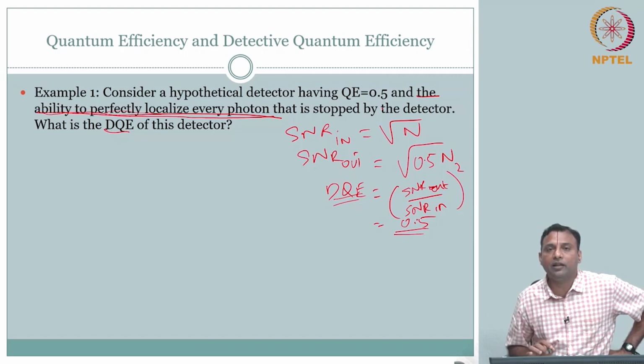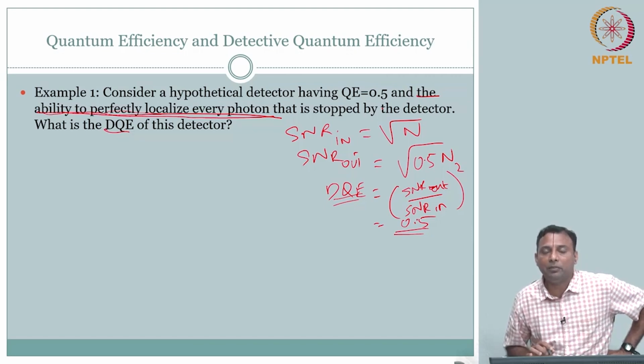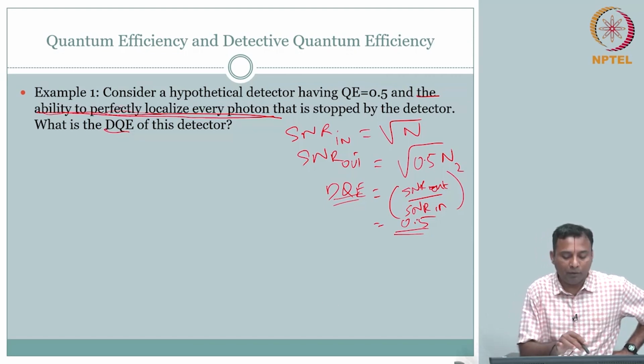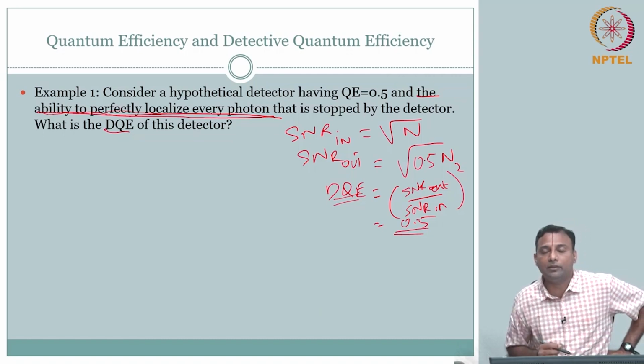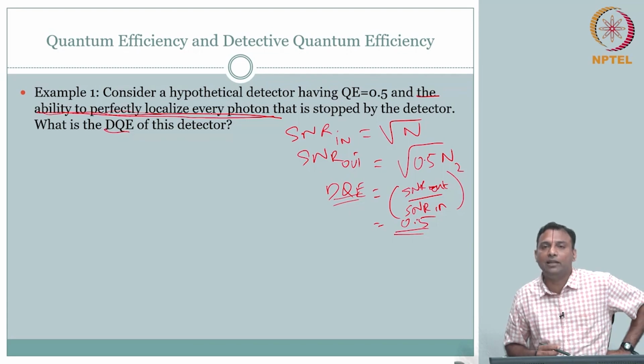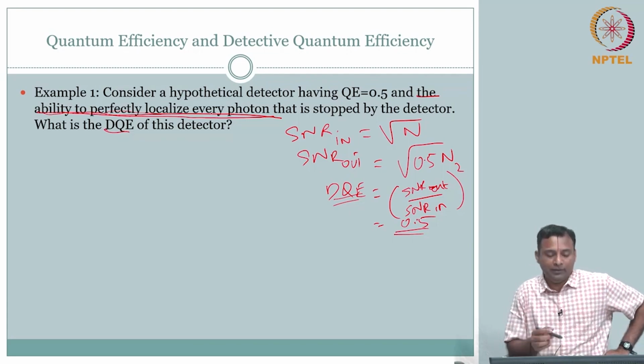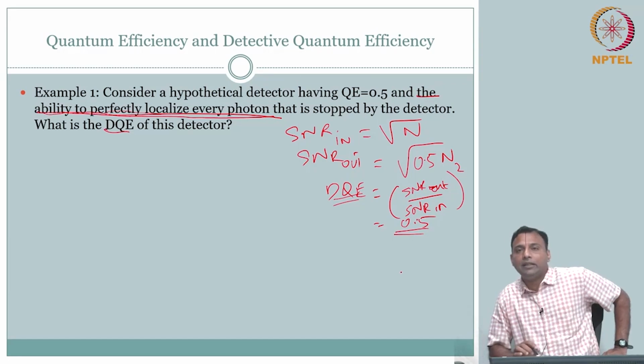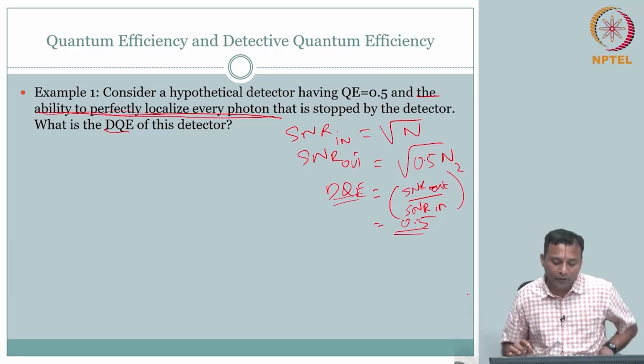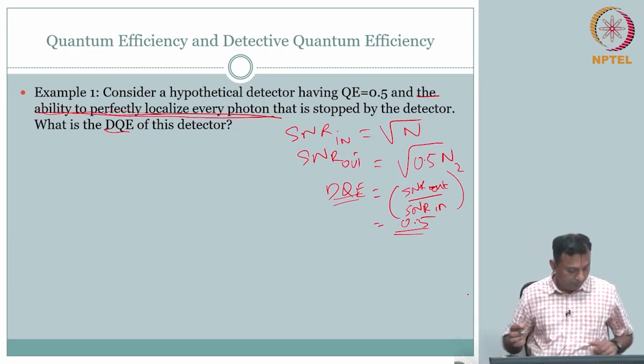But typically that need not be the case. This ideal perfect localization may not happen, so there is going to be some fluctuation. So your DQE in general will be less than your QE. But in this hypothetical scenario, you can see that DQE equals your QE. Clear?